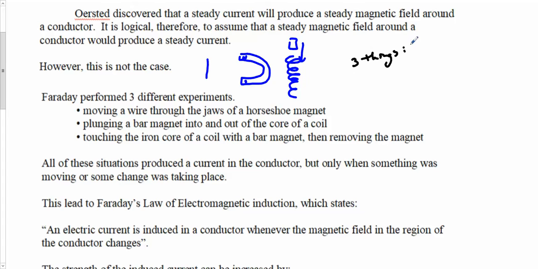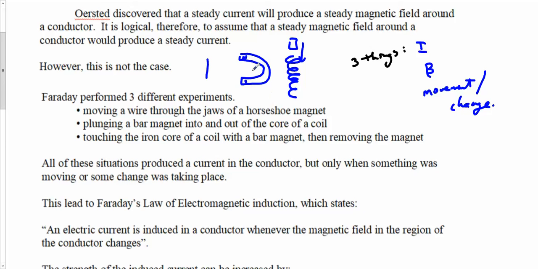So there were 3 things here. There was current, there was the magnetic field, and there was movement, or we might even say change. All of these situations produced a current in the conductor, but only when something was moving or some change was taking place.